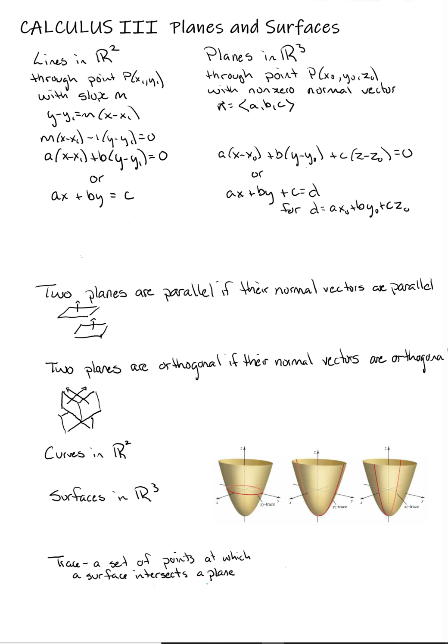I want to make note that if I've got a plane, a surface, all the vectors in this plane, no matter what direction they're going, are orthogonal to the normal vector.